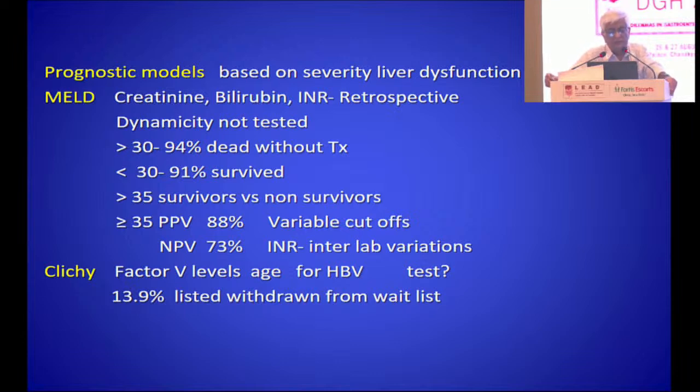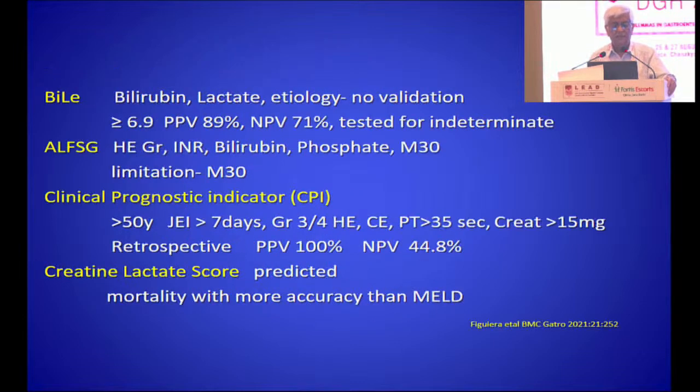And the problem with MELD is that your INR estimation may not be very accurate because of lab variations. Clichy is not important for our country because factor 5 is not estimated. There are other scores like the BiLE score, ALF-SG score from the US, our own from PGI, clinical prognostic indicator, and creatinine lactate score. All of them have their own advantages and disadvantages with different cutoffs.